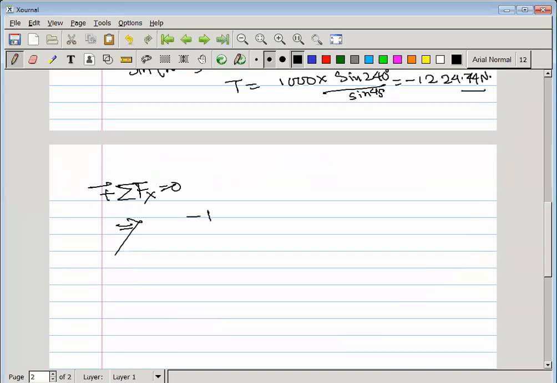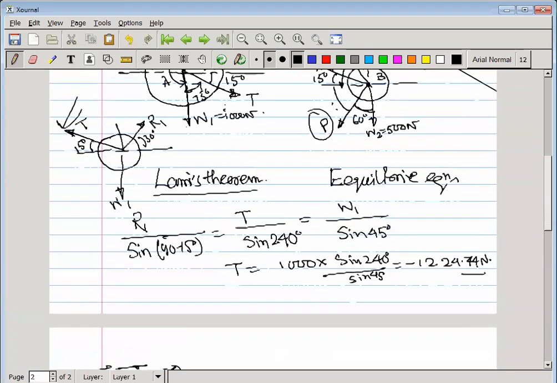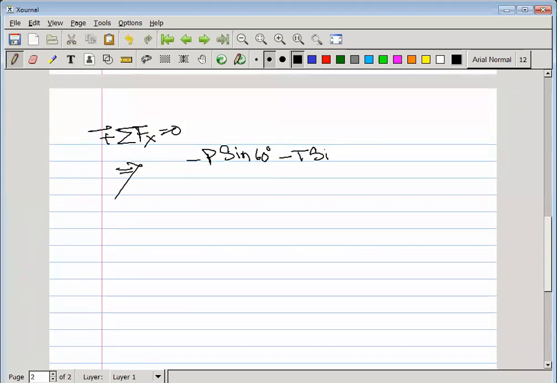How much is it? Minus P sine 60 degree, then another is minus T, sine or cos, which one is there? Let's check. T cos 15. Okay.